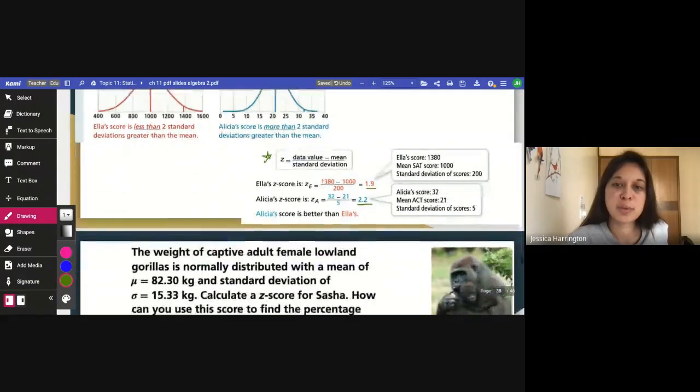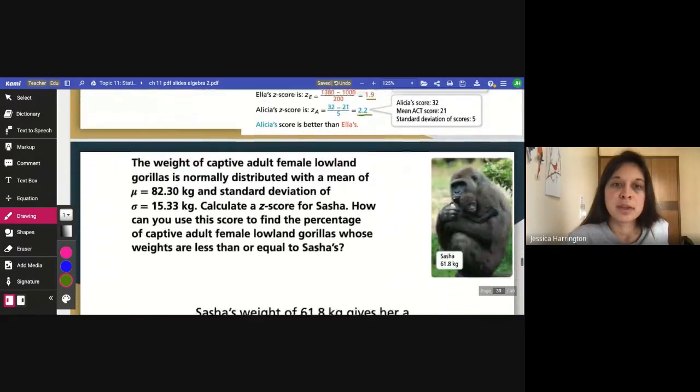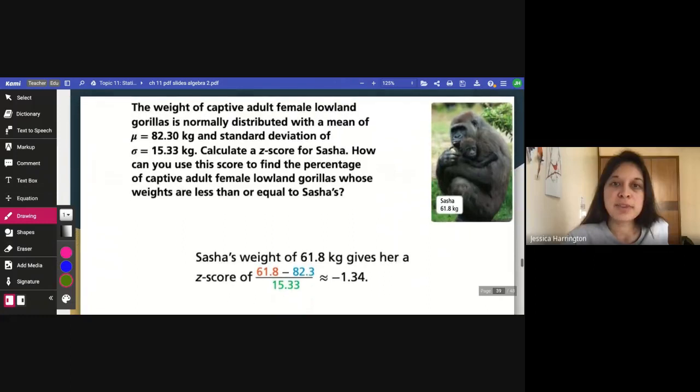So let's try this on this one problem. The weight of a captive adult female lowland gorilla is normally distributed with a mean of 82.3 kilograms and a standard deviation of 15.33 kilograms. They've given us this gorilla named Sasha. What a coincidence, right? We're going to calculate Sasha's z-score.